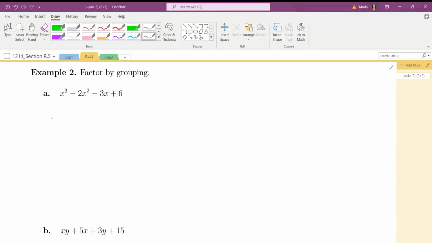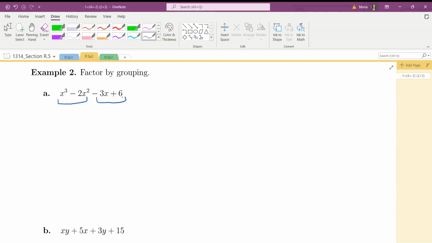So how grouping works is you're going to basically pair up the terms. You can just start out by putting the first 2 terms together and then the second 2 terms together. You want to pair them up so that each pair has something in common.